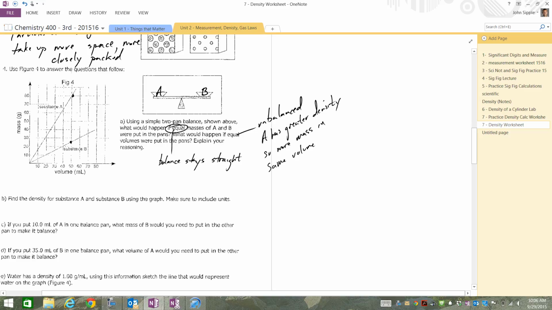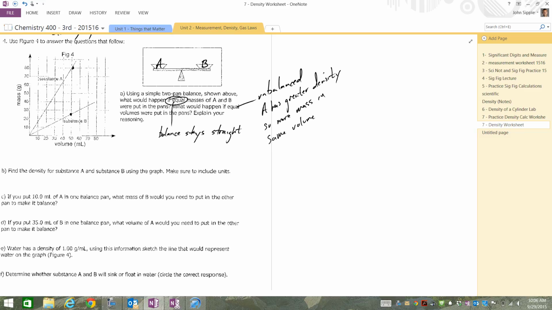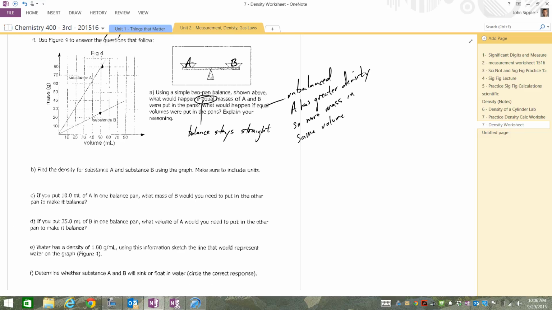All right, so for this one, find the density of substance A and substance B using the graph. Some of you guys might have just taken some points and divided them. For this case, it would have worked, okay? But if I give you data, like you've had in your lab, you need to draw a line of best fit.